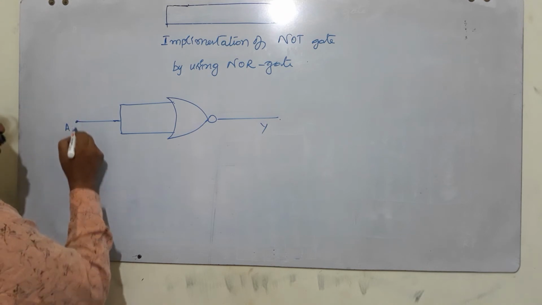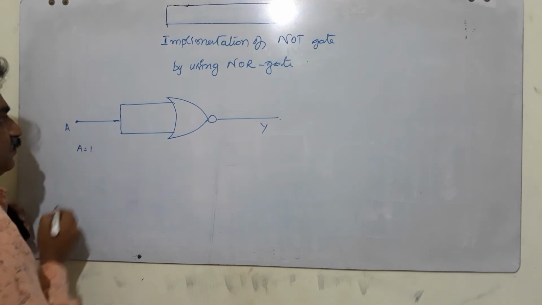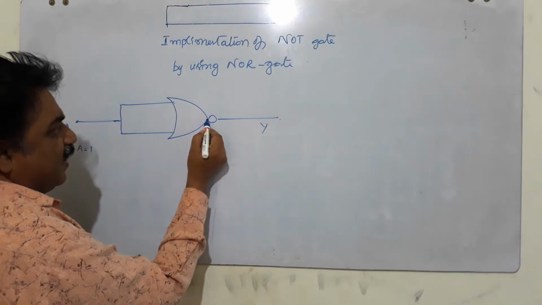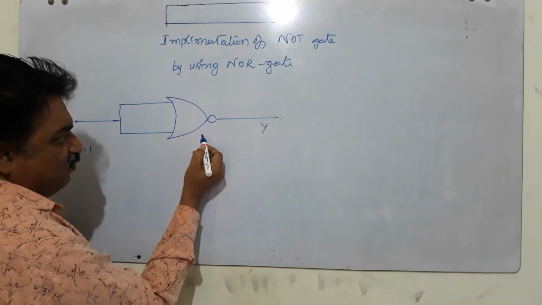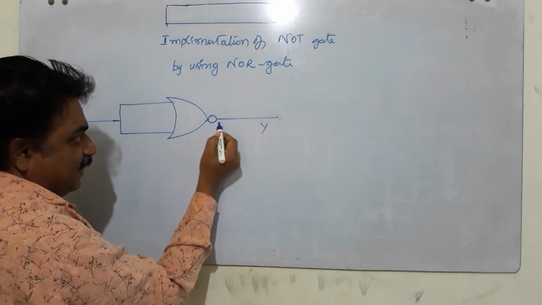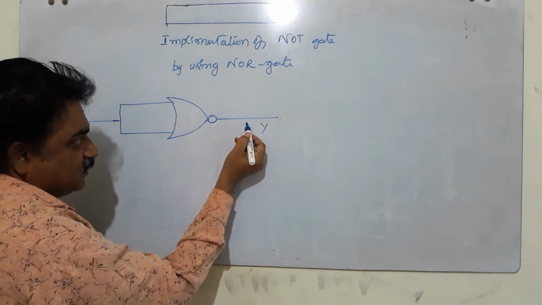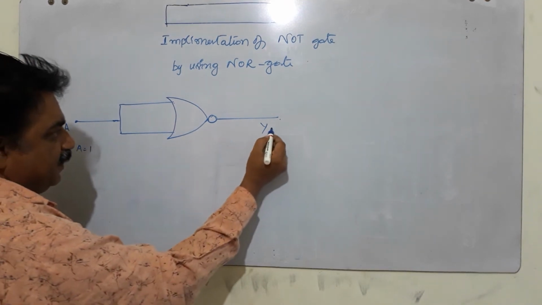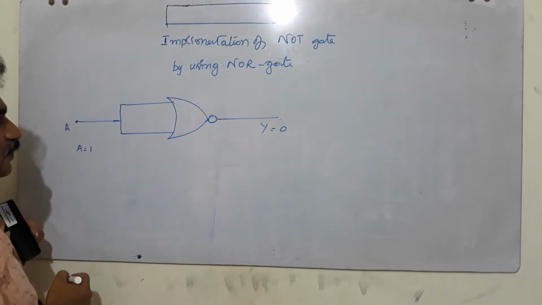For example, if A is equal to 1, for OR gate, the Y value will be 1, but this NOT gate converts this one as 0. That means Y equal to 0.